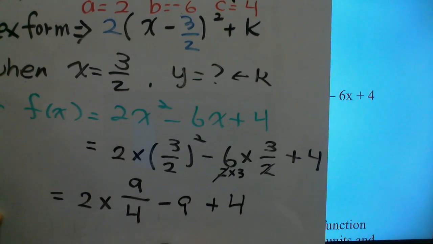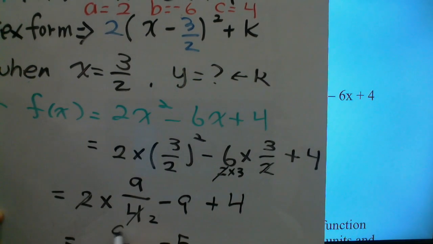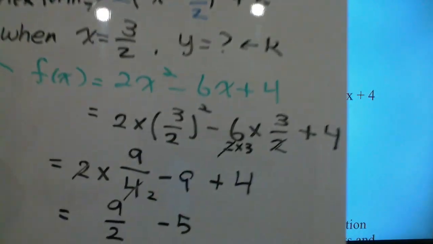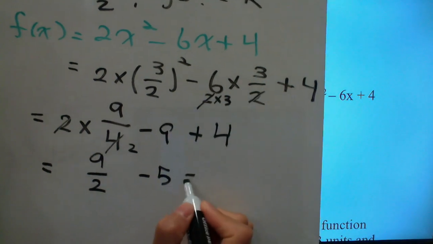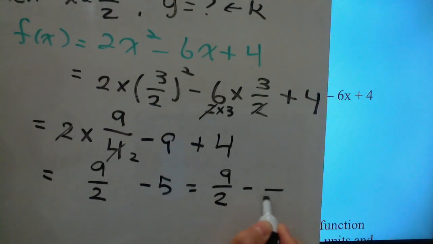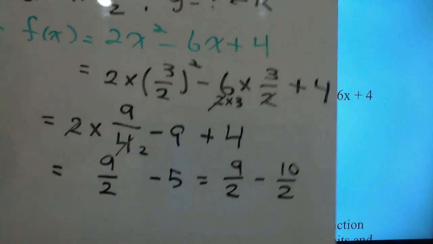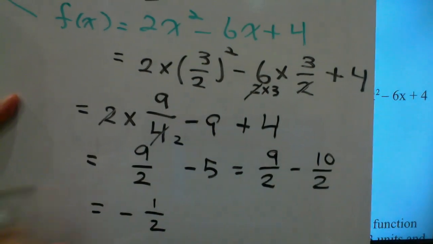So here is negative 5 over 2. Then it's the same as, right? So it will be negative 1 over 2.